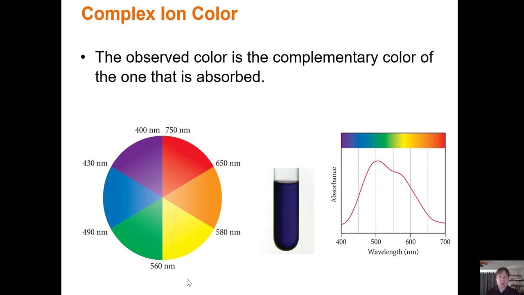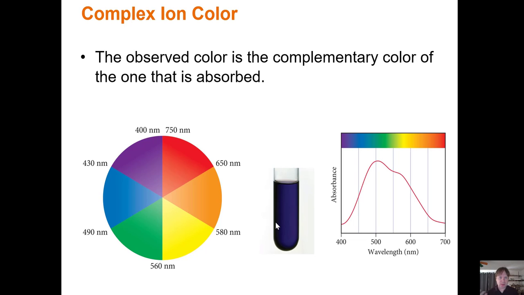Okay, one other thing I want to remind us of: when we make an observation of a color, what we're seeing is the complementary color of what is being absorbed. So if we are looking at this particular solution that has a purplish color, what we're seeing is what was not absorbed.